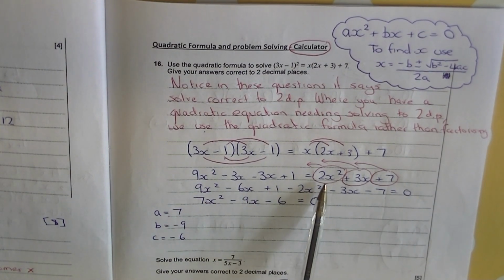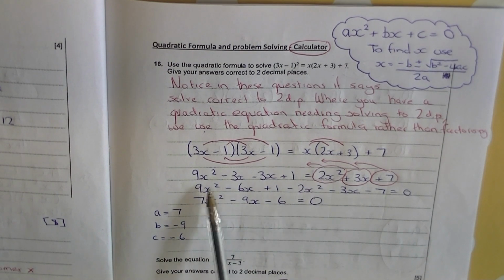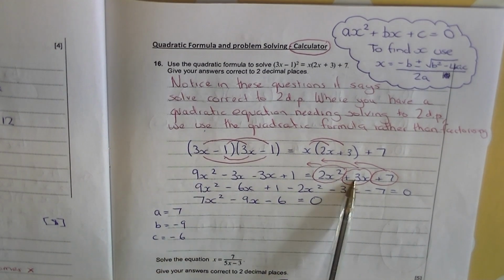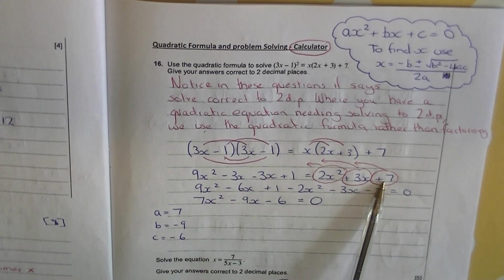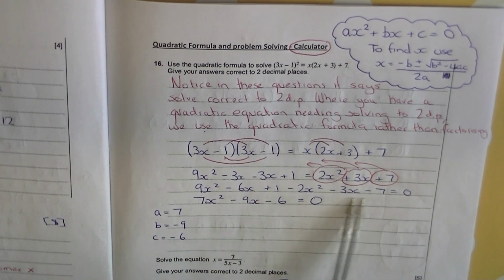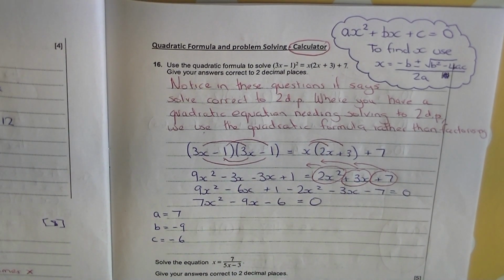Once I've tidied that up, I've changed the plus 2x squared to a minus 2x squared, the plus 3x to a minus 3x, and the plus 7 to a minus 7, taking each away from there. Okay, I get this quadratic equation: 7x squared minus 9x minus 6.